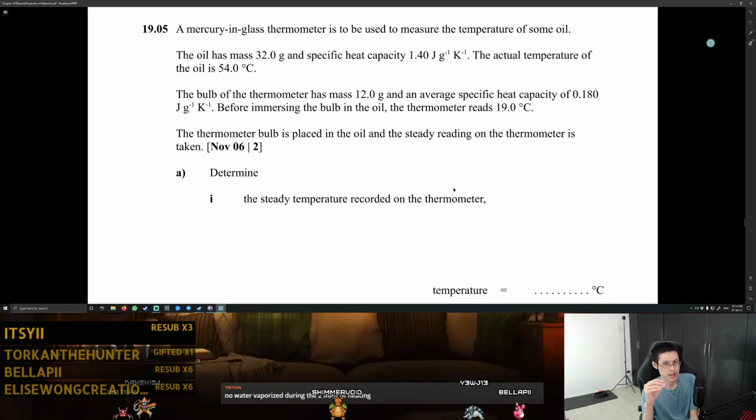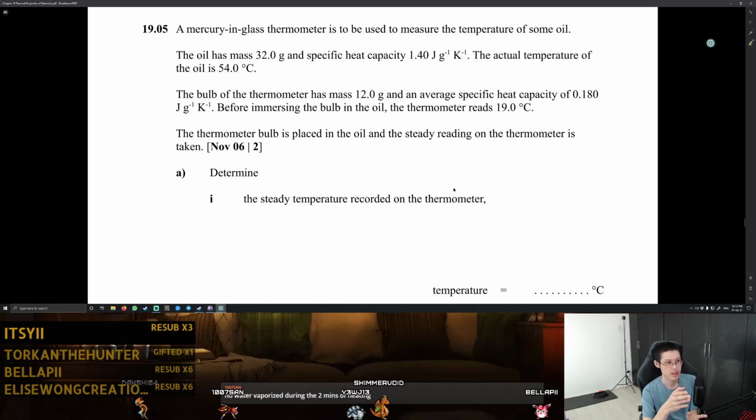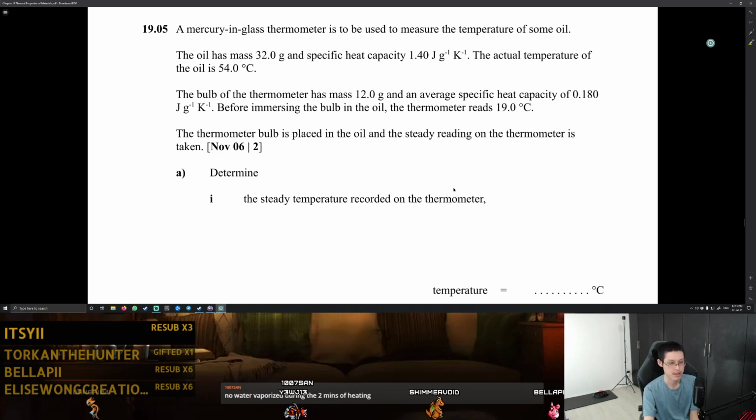So you're actually measuring the final temperature after the thermometer has achieved thermal equilibrium with the substance, not the actual temperature of the substance when you measured it.